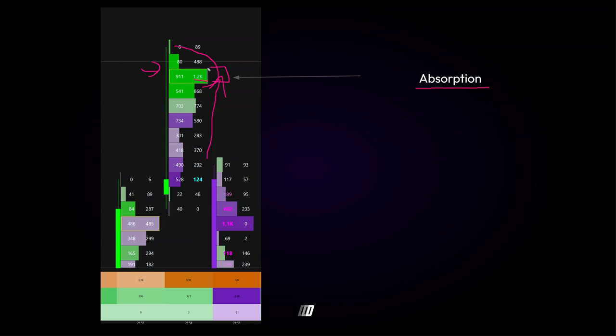A lot of money, a lot of volume clogged in a single tick, or in maybe 2 or 3 ticks. Same thing happened over here to sellers, by the way. When they tried to push down, sellers here were absorbed. 1,000 of them were absorbed here, but then they had a follow through, right? But these are called areas of absorption.